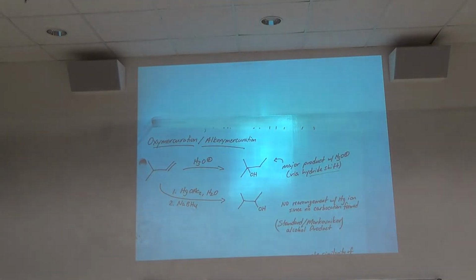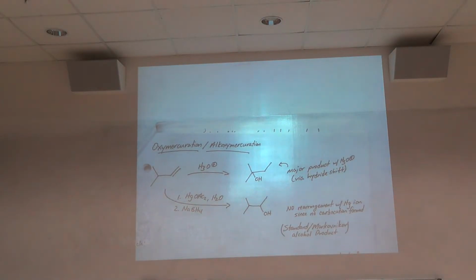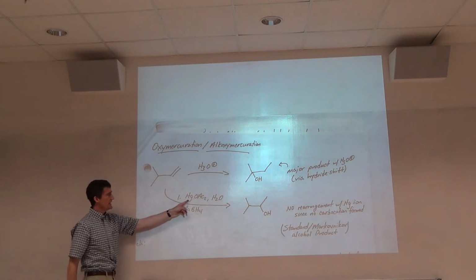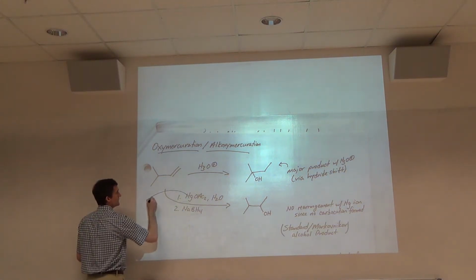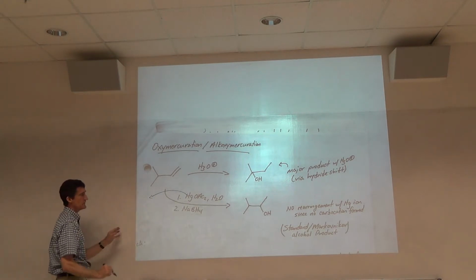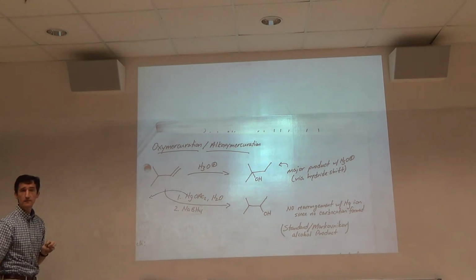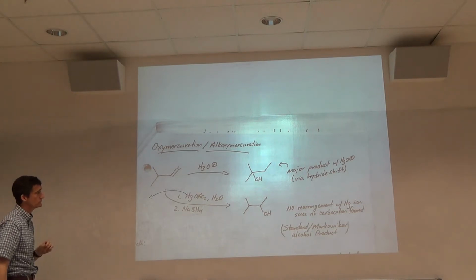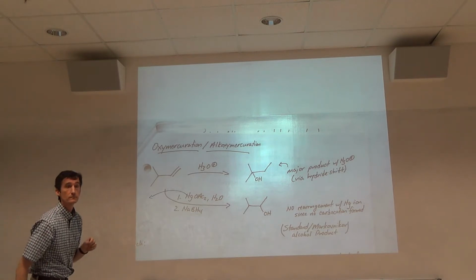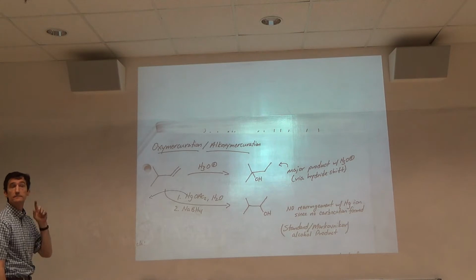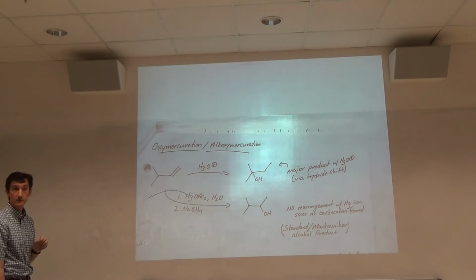So how does this reaction take place? Well, we have to know a little bit about mercury acetate. If you show it fully ionic, what's the charge of the mercury? 2 plus, because acetate is minus, and there are 2 acetates.